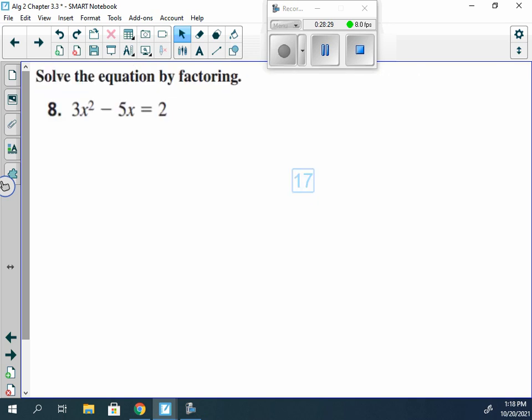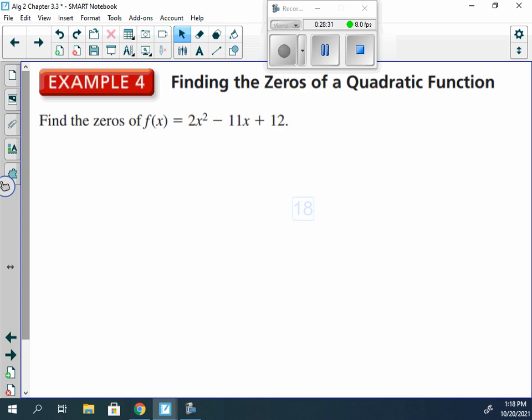Okay. Because these are the same thing. Now, finding the zeros is actually doing the exact same thing we've been doing. Because what we did today and what we did yesterday, especially with graphing, is we're trying to find the value of x that makes the function equal what? 0. So we're finding the what? The zeros of the function, because those values of x make the function equal 0.